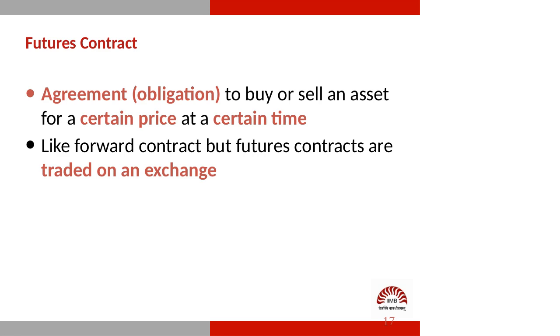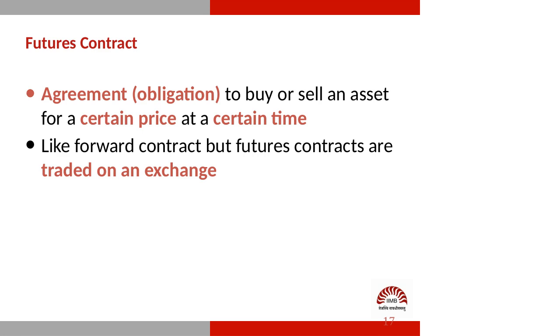So this is basically a forward contract traded on an exchange. Because you are trading on an exchange, certain conditions of the exchange will apply, and hence futures contracts will be subject to those conditions.